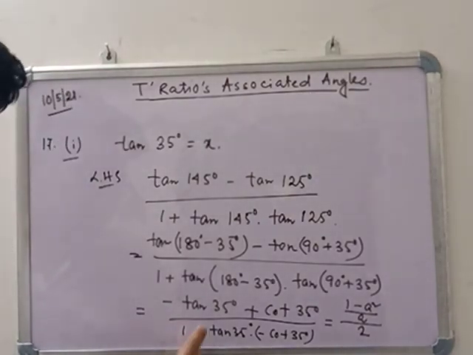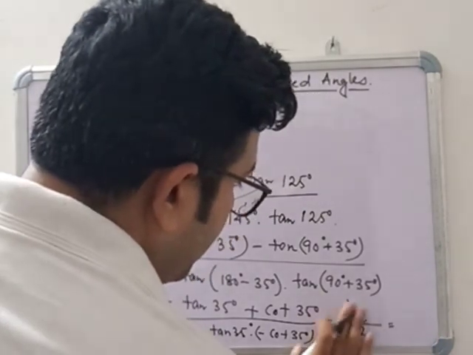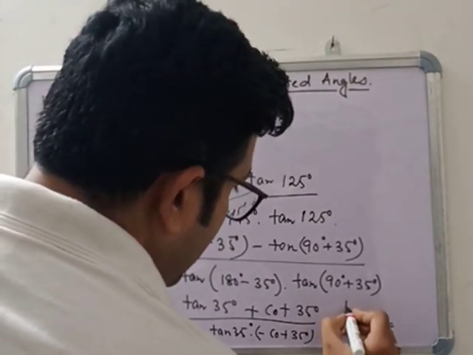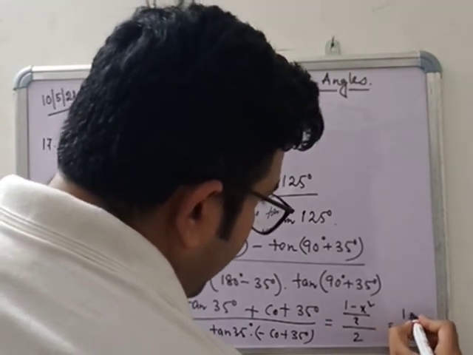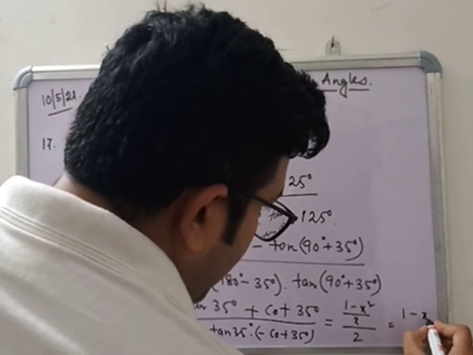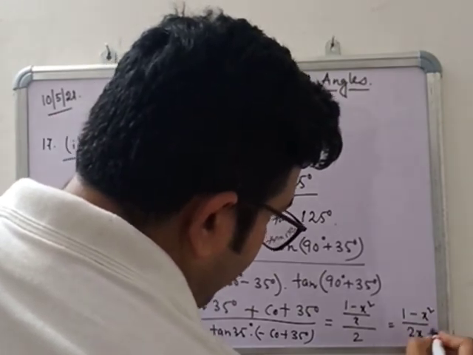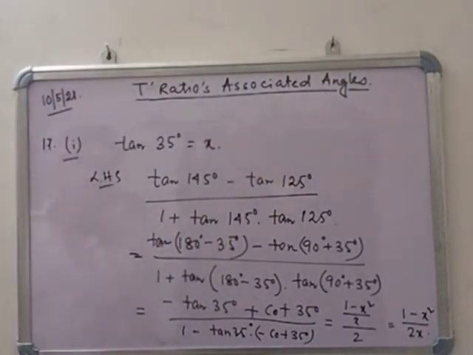So now we can write here 1 minus x square by 2x, which is the right hand side given in the question.